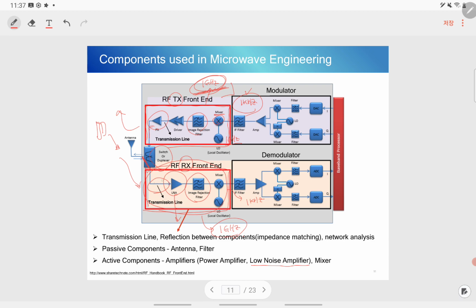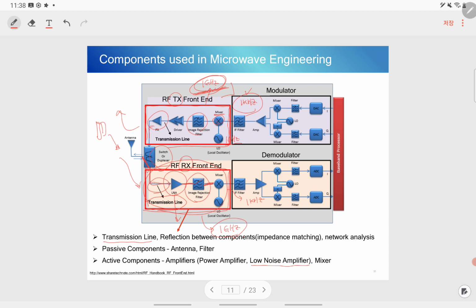If you see this block diagram, all the switch, LNA, filter, and mixers are connected through this line. This line looks simple, but in microwave engineering, with this high frequency, we need to design it carefully. We call it a transmission line, and between these components the signal will be transmitted and reflected.